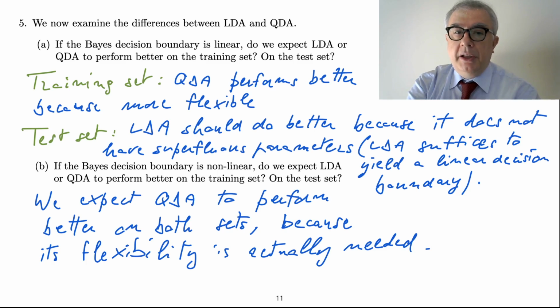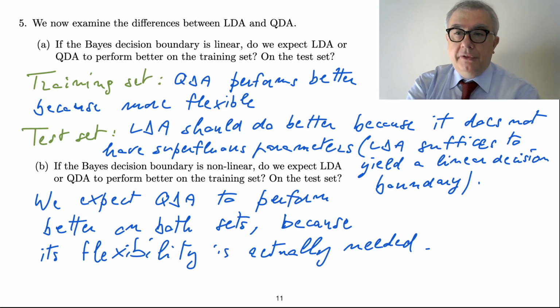On the other hand, when I move to the test set, the extra flexibility could not be an advantage, of course. Why? Because if the decision boundary is linear, linear discriminant analysis is sufficient to obtain linear decision boundaries, and therefore the extra parameters could be used to learn the noise again.